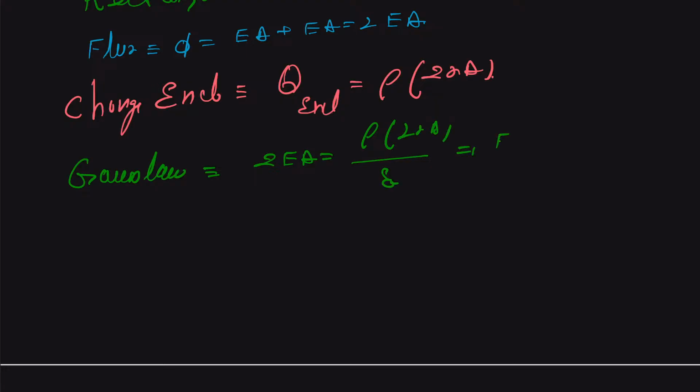So we get the electric field is equal to rho x upon epsilon naught. This is our part A.